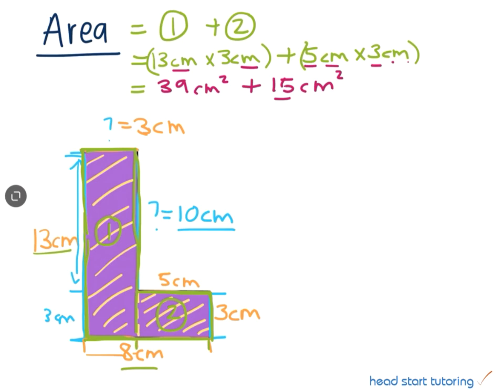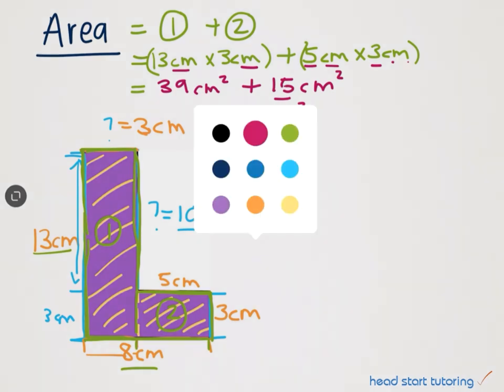So then we've got 39 centimeters squared plus 15 centimeters squared, and that will give us an answer of 54 centimeters squared. Right, so that is how we work out the area of irregular shapes. The area of this irregular shape is equal to 54 centimeters squared.